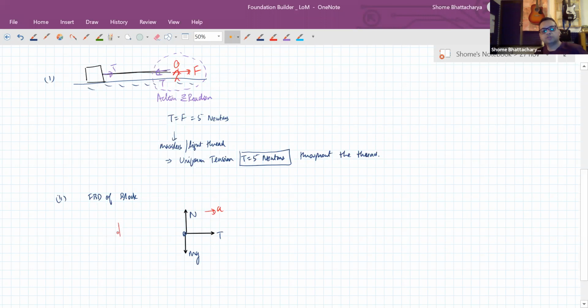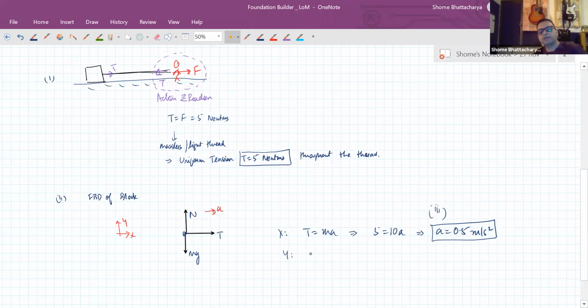So you take the horizontal as your x-axis and the vertical as your y-axis. T is along the x-axis, so T is equal to ma. So 5 newtons is equal to 10 kilograms into a. The acceleration is 0.5 meters per second square. That becomes your third part's answer.